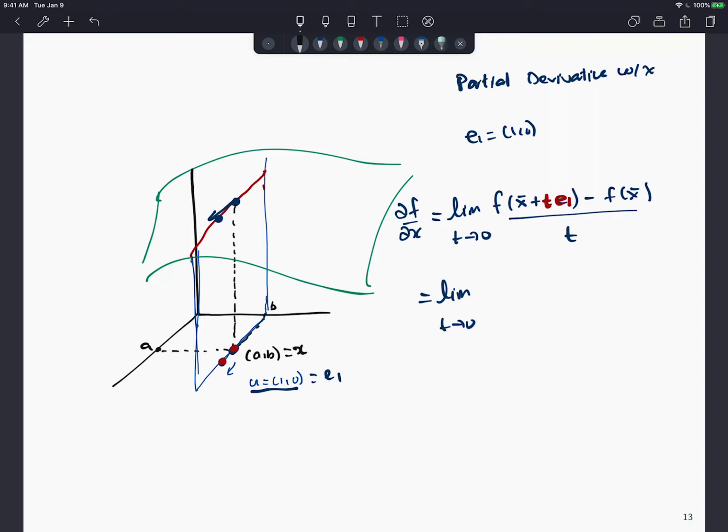So when I do this, I get f at x plus te1, which is f of (a plus t, b), because te1 is just (t, 0). So you're adding (t, 0) to (a, b), and you get minus f of (a, b).